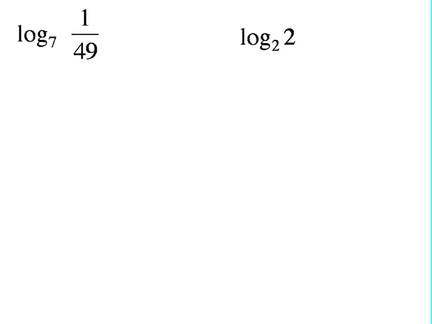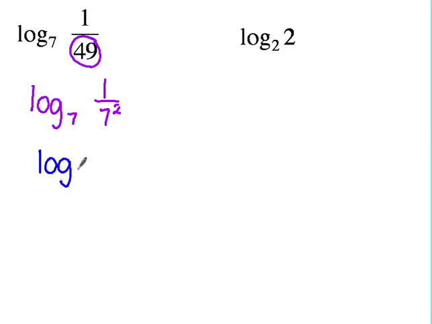So this one's a little different because it's a fraction. So I need to think about fractions and what they mean. First of all, I'm going to look at the 49 because 49 I know is what? It's 7 squared. Good. So now I got to somehow get rid of that 1. So is there a way that I can write that fraction so that I don't have the number 1?